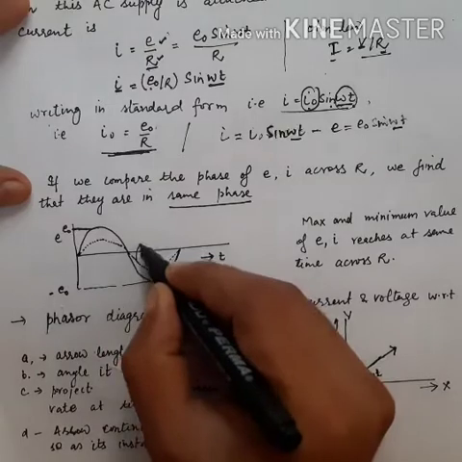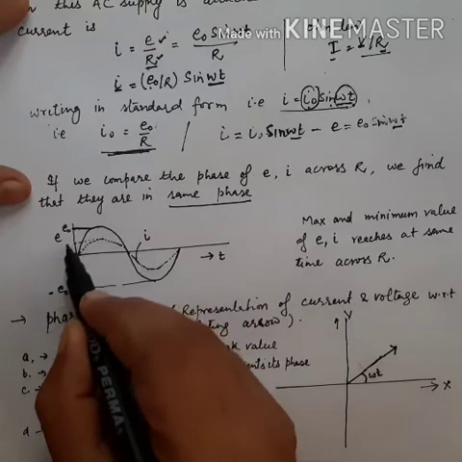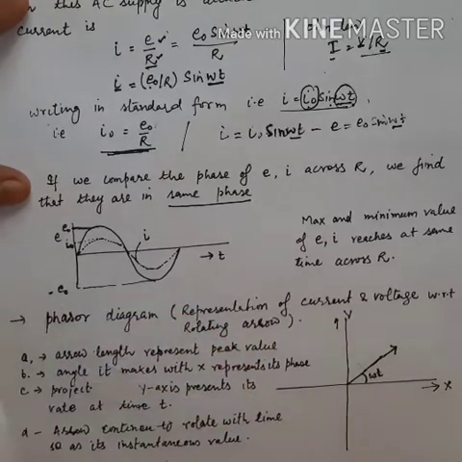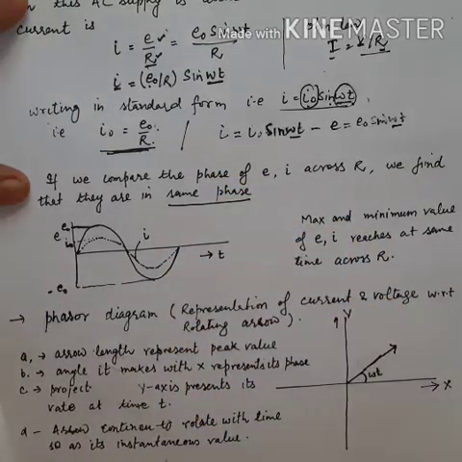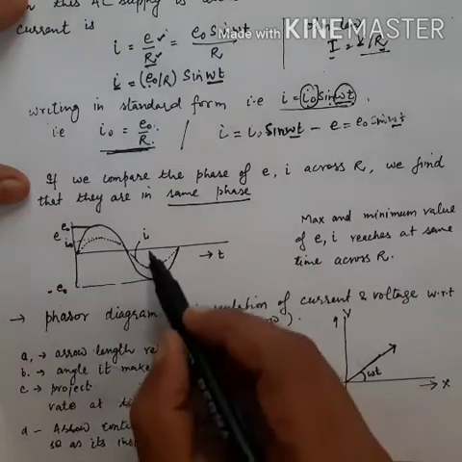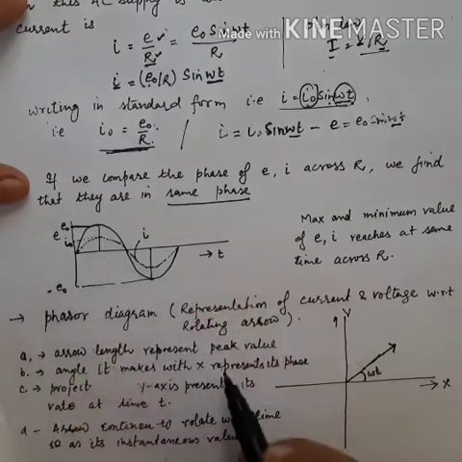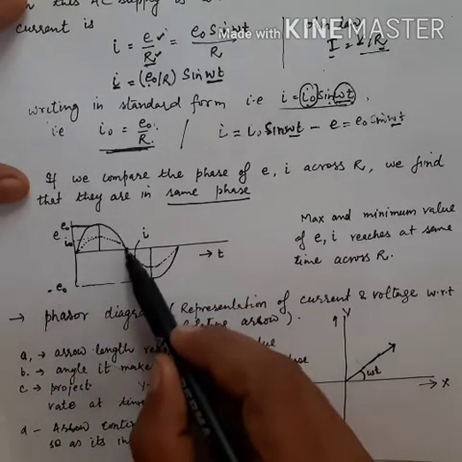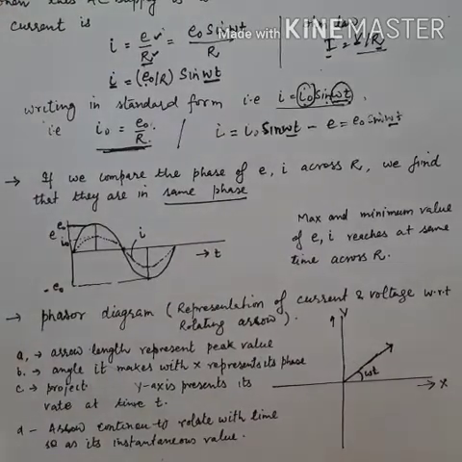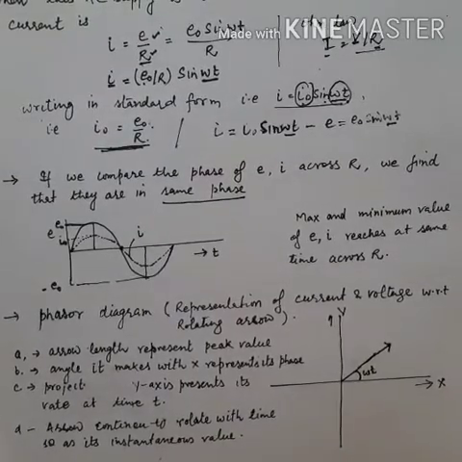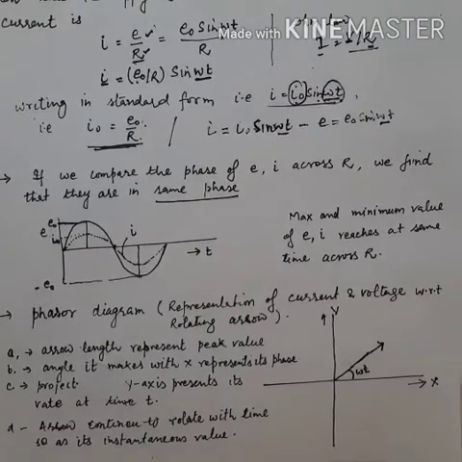It is our current graph, having a peak value I naught, and this peak value is equal to E naught by R. Further, you see that it attains the maximum or peak value at the same time and has a zero value also at the same time. So we can say that current and voltage reach the maximum and minimum value at the same time.